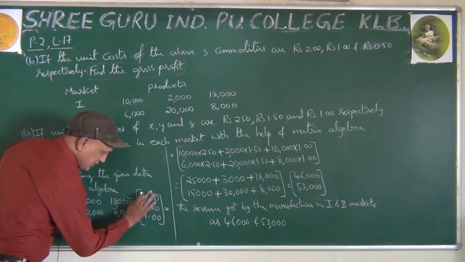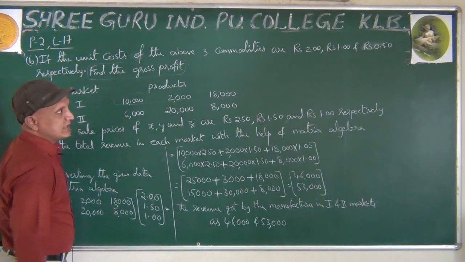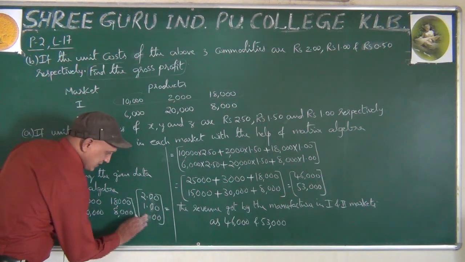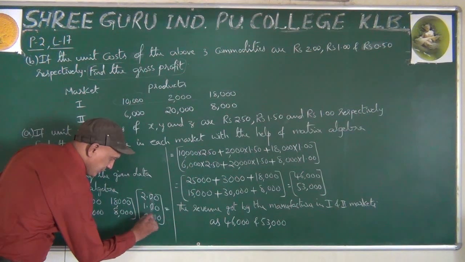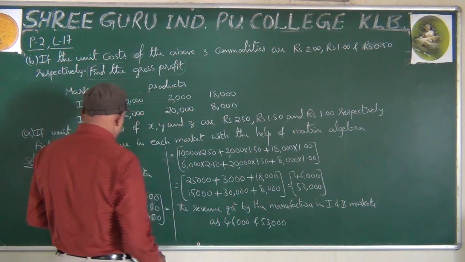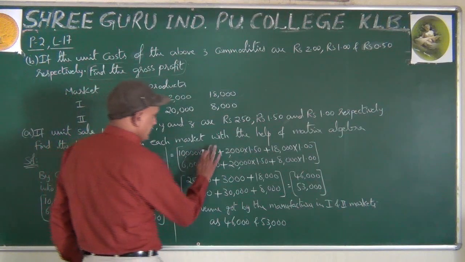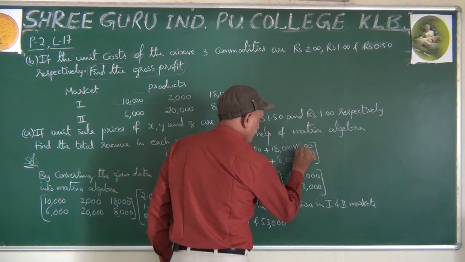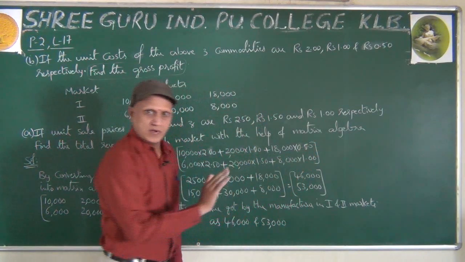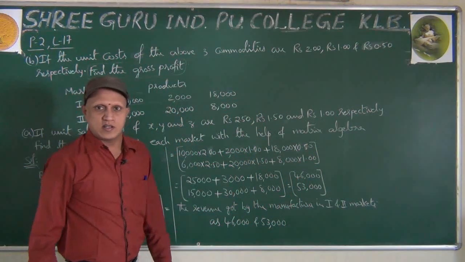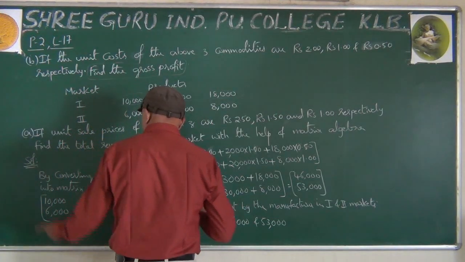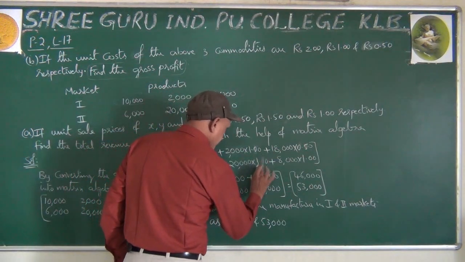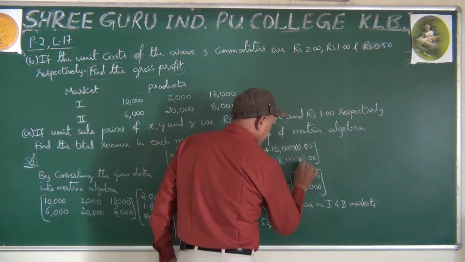First product costs 2 rupees, second product costs 1 rupee, third product costs 0.5. Let us multiply. First row, first column: 2, 1, 0.5. Same type of multiplication. Next, second row, first column: 2 rupees, 1 rupee, and 0.5.